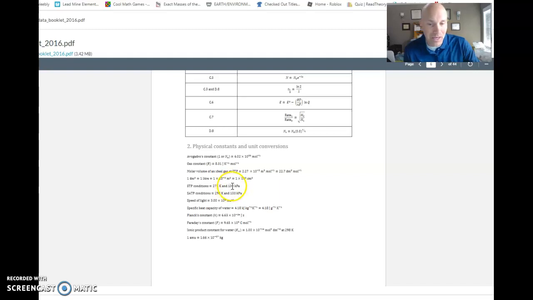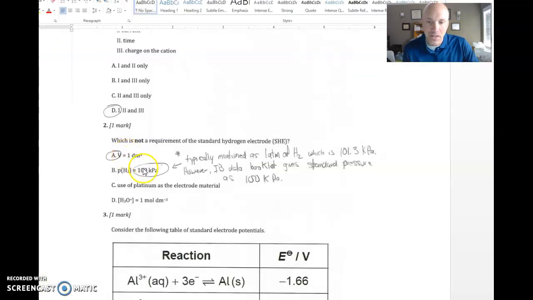If they wanted to be accurate, they should maybe put a decimal point after this to indicate some level of significant figures. But anyways, 100 kilopascals is what they use as standard temperature and pressure, and that's why this would be considered consistent with what they consider the standard hydrogen electrode to be.